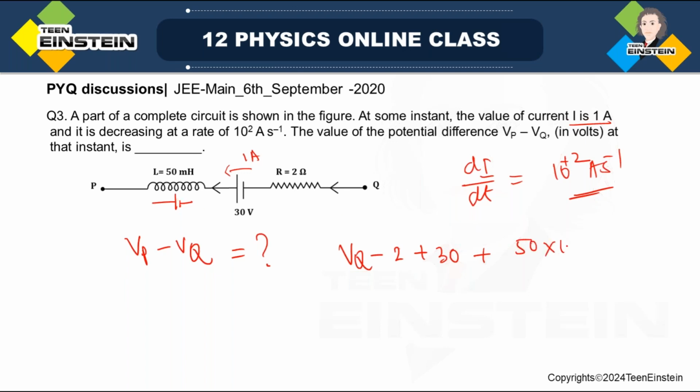L is 50 into 10 to the power minus 3, di dt is 10 to the power 2 again. So this is equal to Vp.